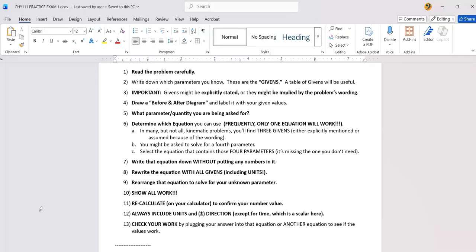Now, you should have an equation with just letters in it, then an equation with numbers in it, and one variable that you don't know the value of. That's the thing you're asked for. And now you have to do some algebra. You rearrange the equation to solve for your unknown parameter. If you have trouble doing this, you're not sure how to do this, go to one of the physics tutors or even one of the many, many math tutors that are available.